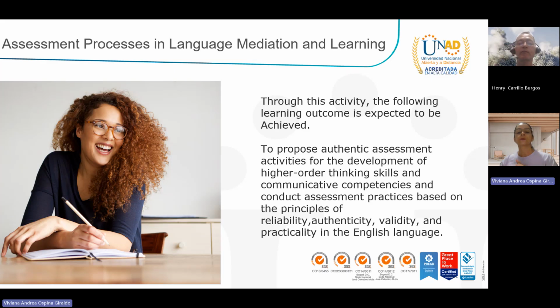And we will also learn how to use assessment practices based on the principles of reliability, authenticity, validity, and practicality in the language that we are teaching, which is English.